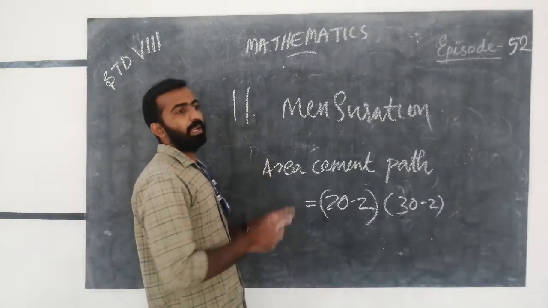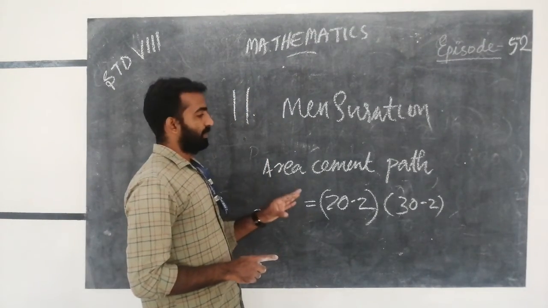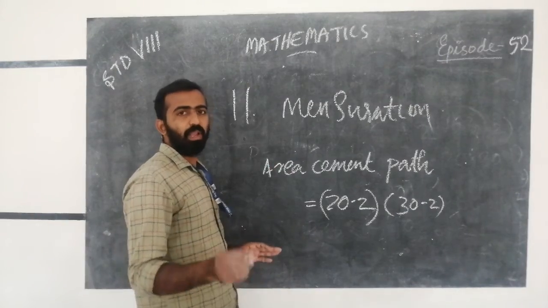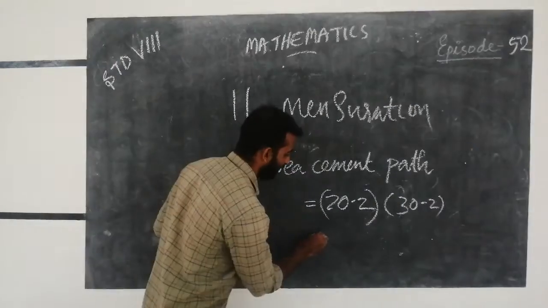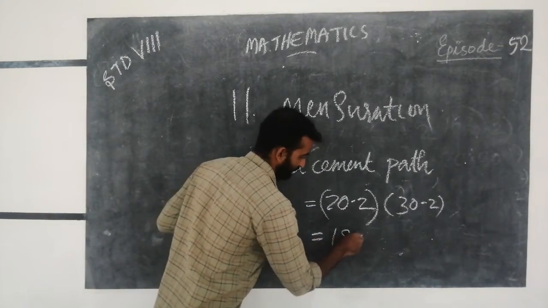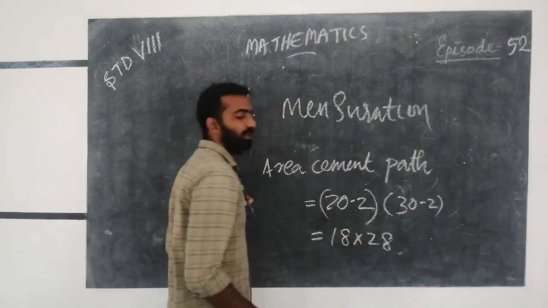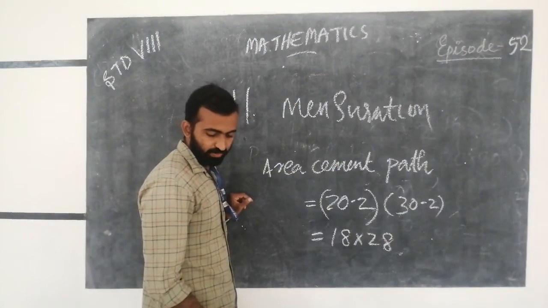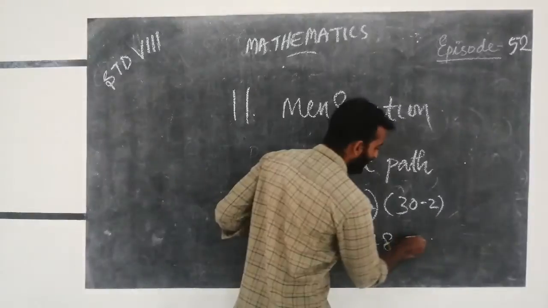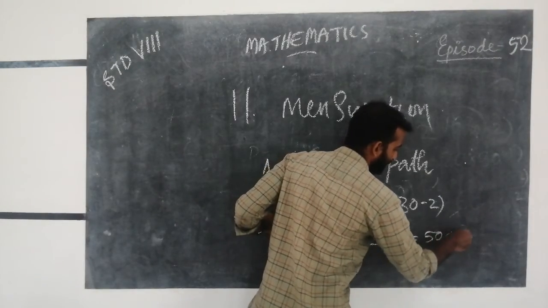So they subtract 1 meter on every side, so we get 18 into 28, that is we get 504 meter square.